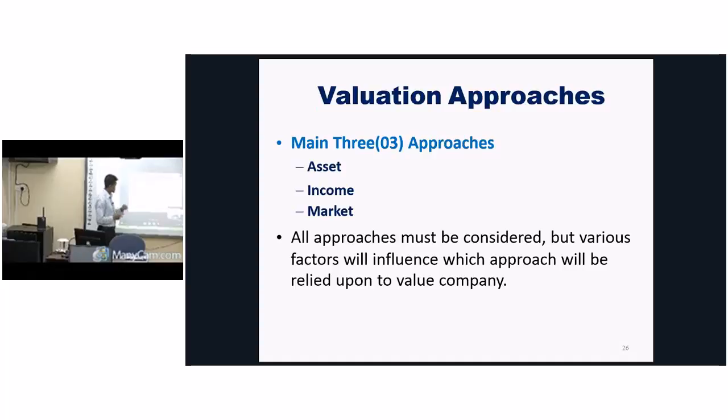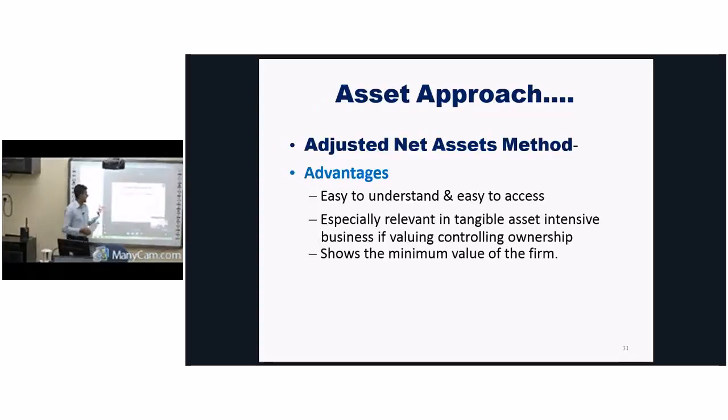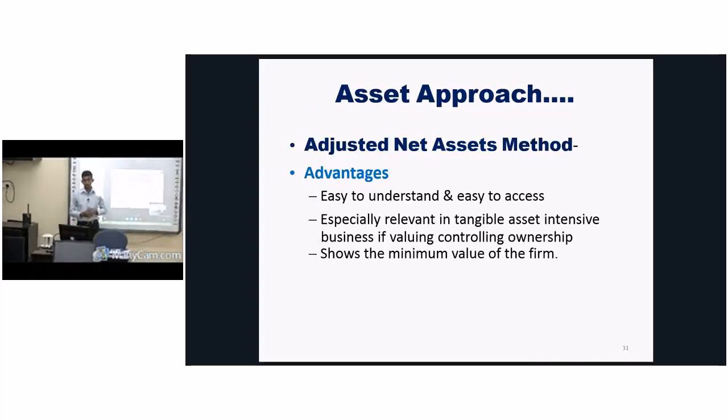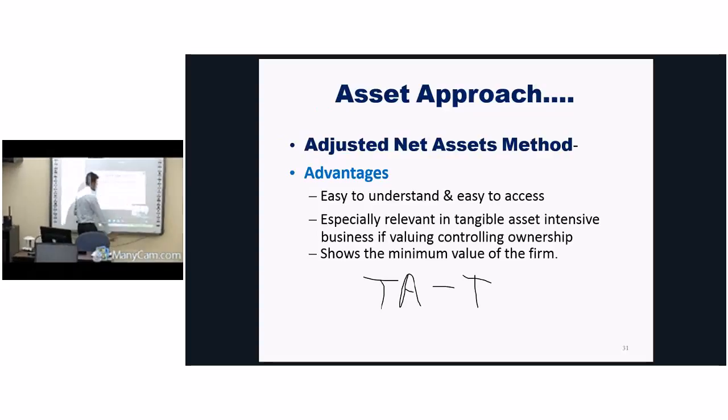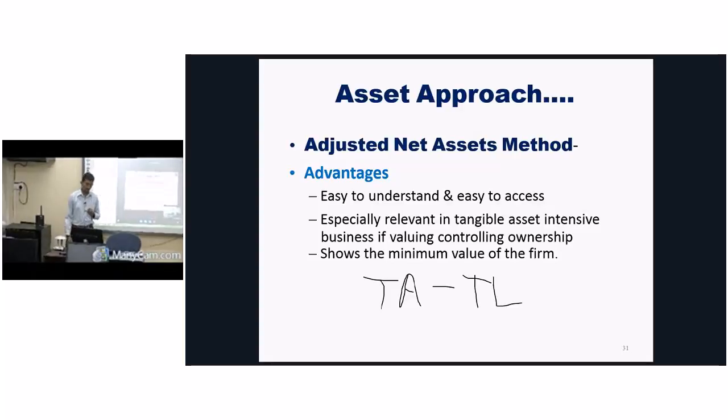So we start with the asset approach. We said we are trying to give the net asset value for the business. Net asset value means simply we take the total assets of the business and then we deduct the total liabilities of the business. So we arrive at the real assets, the net asset value. In other words, this is the shareholders' contribution.